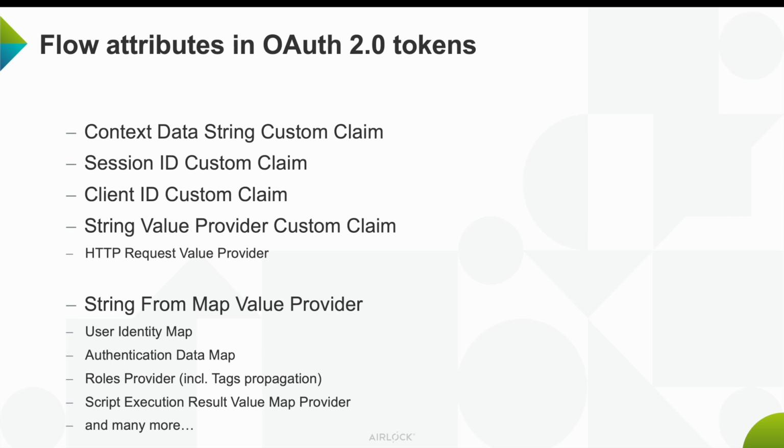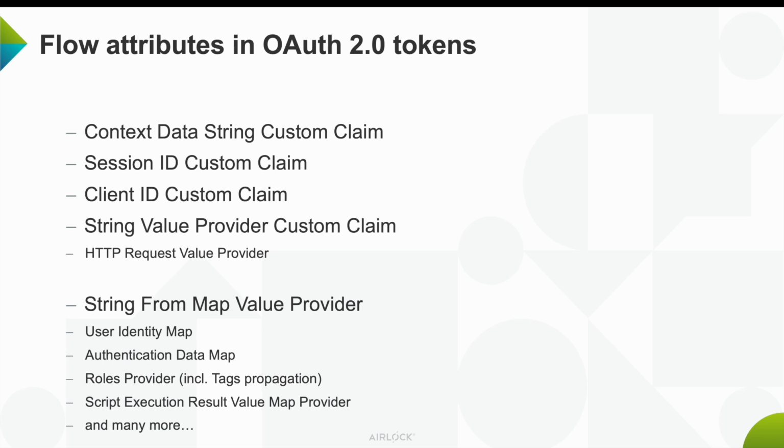Authentication data map will give you information about the factors used during authentication. Roles provider, including tags propagation, allows you to add roles and tags as claims. And script execution result value map provider will take exactly that, the result of a scriptable step, and add it as claims to your ID or access token.